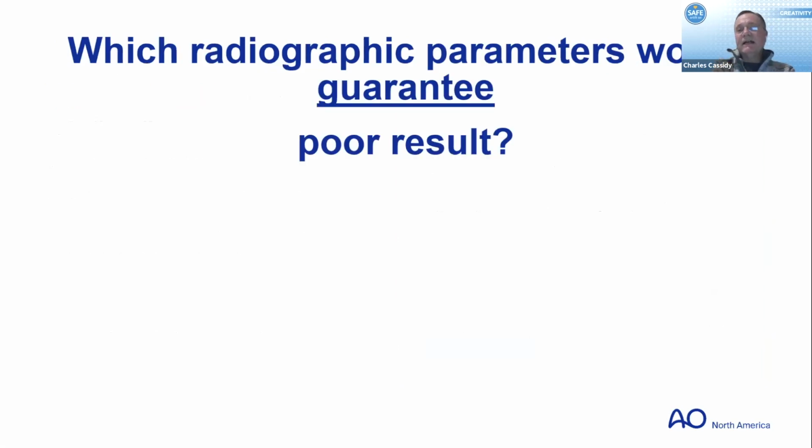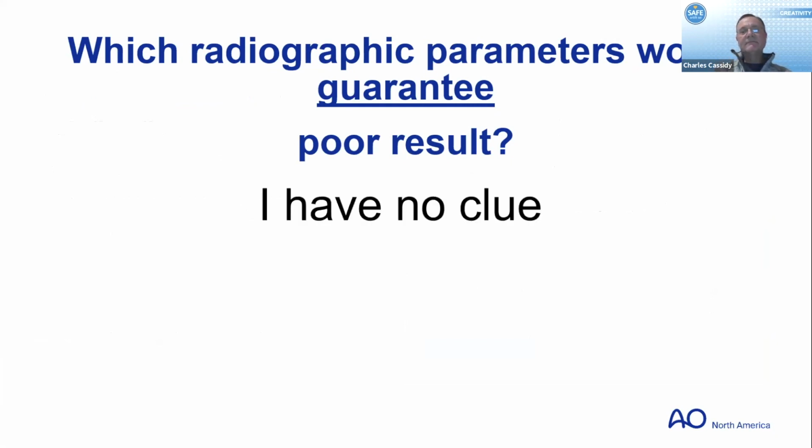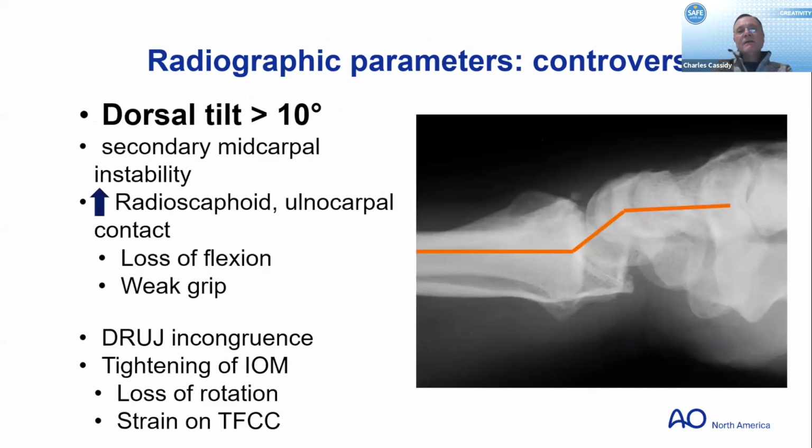So a question Jesse and I pondered years ago: which radiographic parameters would guarantee a poor result? I have no clue. But let's go through some. How about this? Dorsal tilt greater than 10 degrees. That can result in secondary midcarpal instability, as you see here, that zigzag pattern. Jesse showed one earlier.